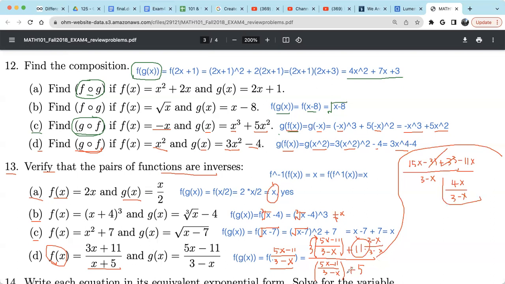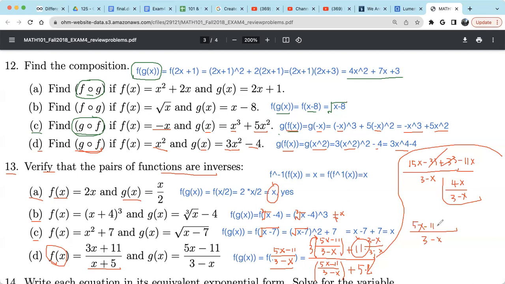Now let's simplify the denominator. In the denominator, I see 5. I need to combine 5 with (5x minus 11) divided by (3 minus x). I also need to multiply by this 1, right? I need a common denominator. So when I do that, the denominator, I have 3 minus x. The numerator, I have 5x minus 11 from the first term. And the second one, I have 5 times (3 minus x).